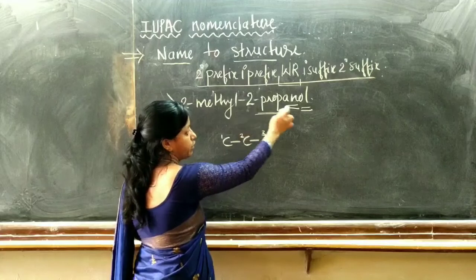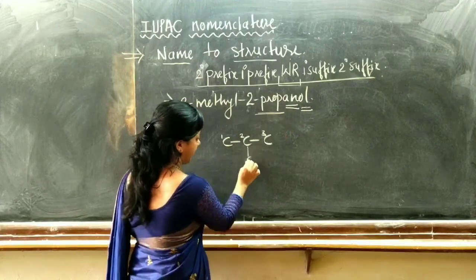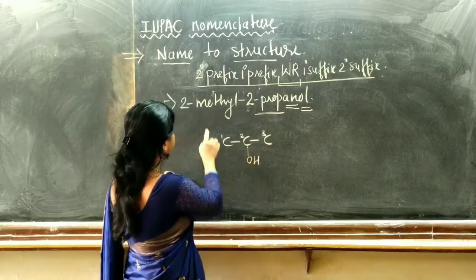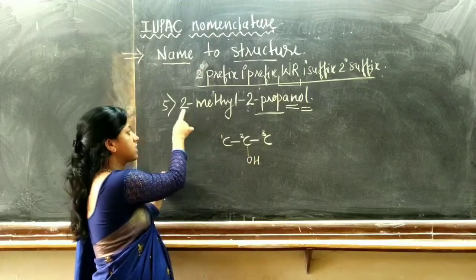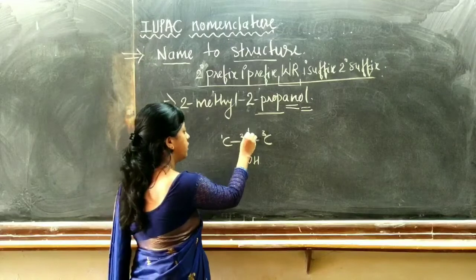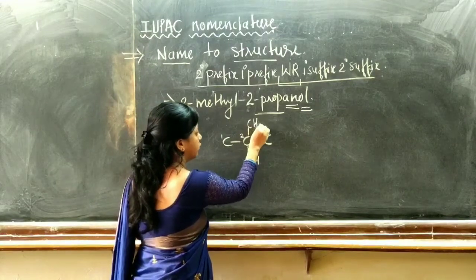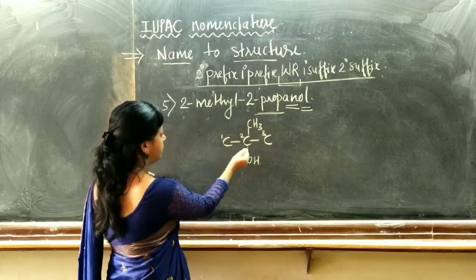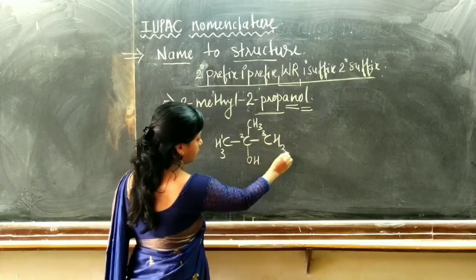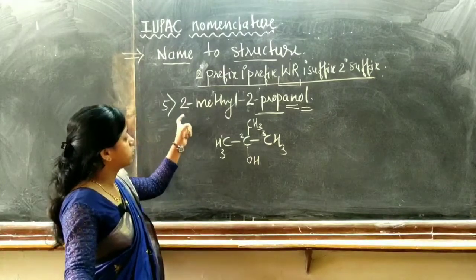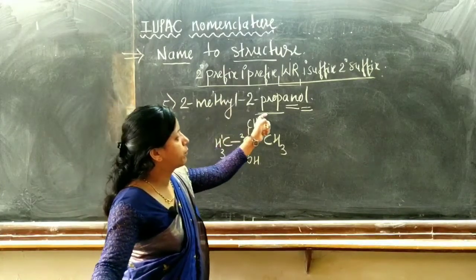At the second position there is OL, so I will attach OH here, and the methyl group, which is a secondary prefix, is present at the second carbon only. So this is the methyl group here, and then we have to attach hydrogen atoms here. This is the structure of 2-methyl-2-propanol.